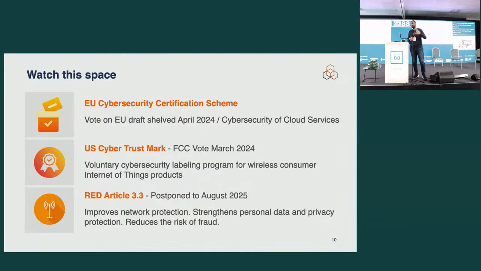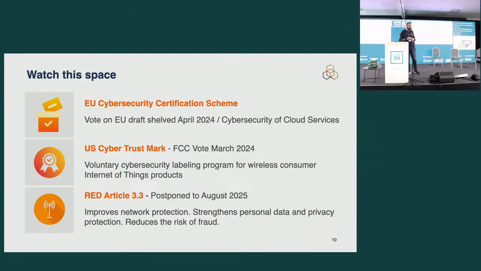And specifically, there are 3 parts. Article 3.3(d) talks about improving the network protection, so about the radio interface itself, making sure it's compliant, it doesn't cause disruptions, etc. Article 3.3(e) talks about strengthening the personal data and privacy protection, so it talks more about the devices themselves.